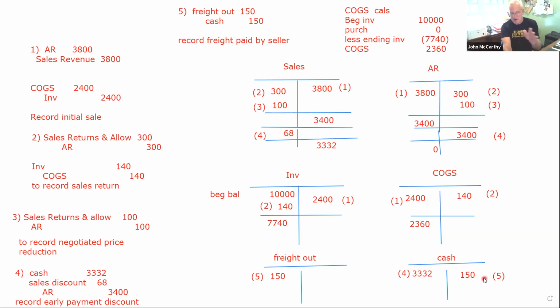The 150 out to the freight, that's not part of sales. Okay, it's the cash that you receive from the customer. This is what you receive from the customer, and that should equal your net sales. Okay, now I subtotaled my 2 entries for cost of goods sold here. That's 2,360, but I can also do my proof.